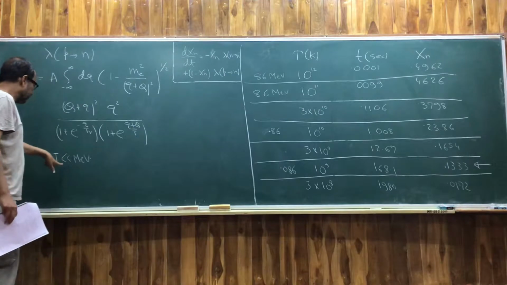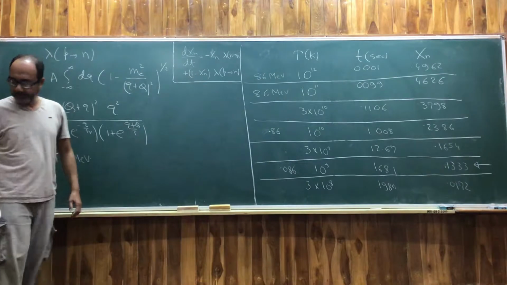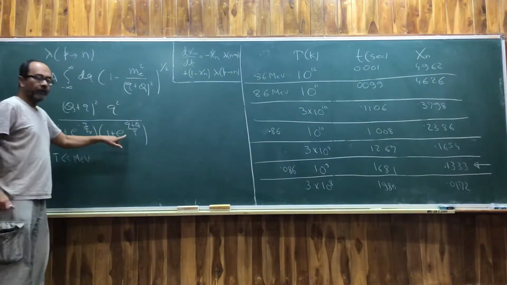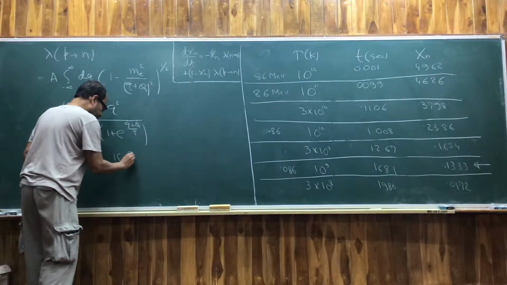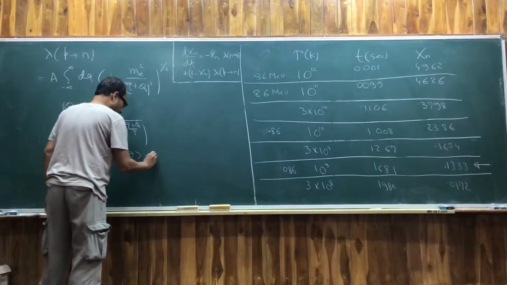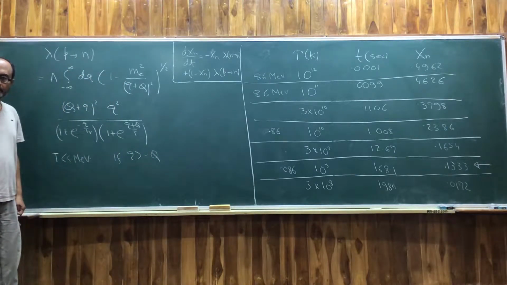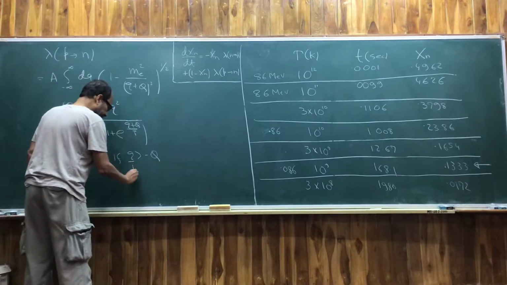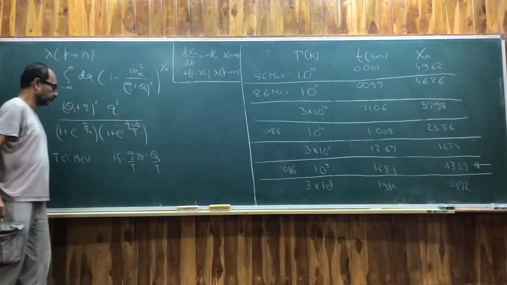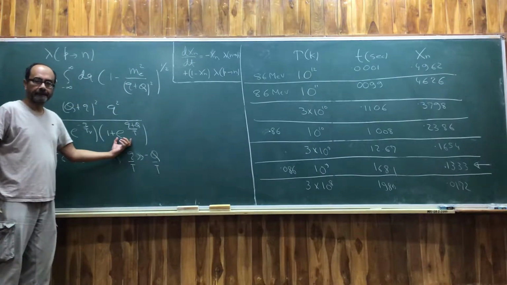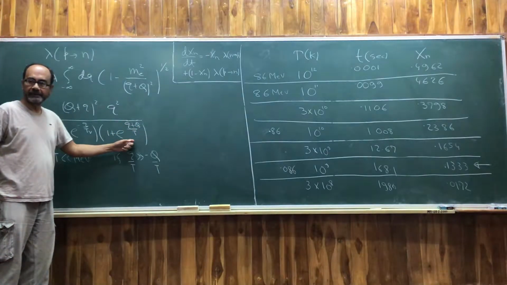So T is 1/10 of MeV, so that's good enough. T is much less than MeV. This term over here, you see that if Q is larger than minus Q, or say Q by T is larger than minus Q by T, then this term is large, because Q plus Q over T is large.